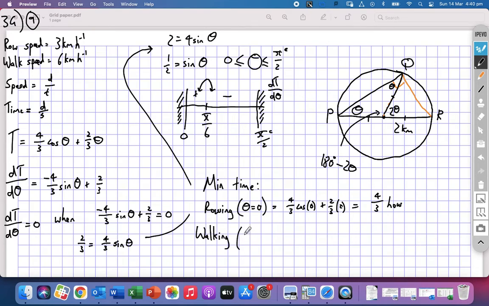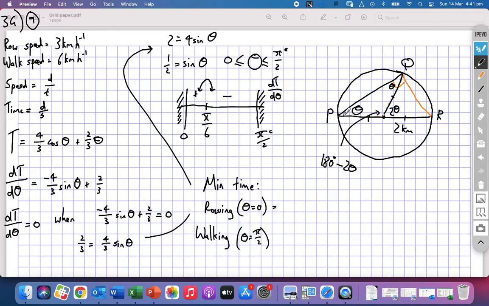And it shouldn't be too surprising because he can walk twice as fast as he can row. Now, I've used the equation here, but I didn't really need to, did I? I think I'm overcomplicating it.